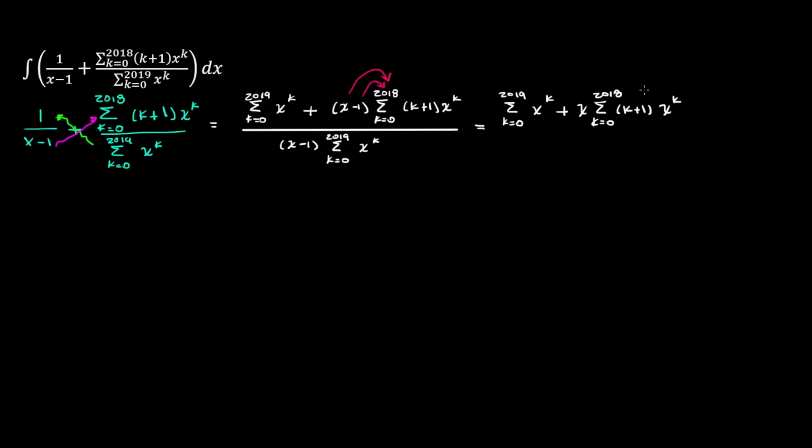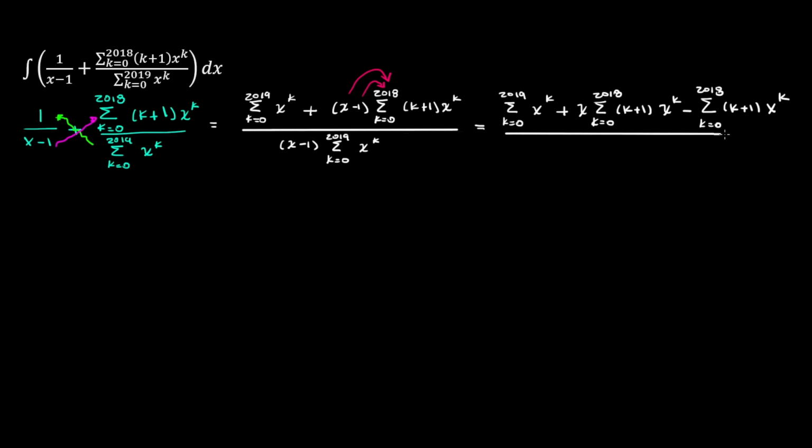And if we multiply the negative 1 part, we're getting negative summation from k equals 0 to 2018 of k plus 1 times x to the k power.